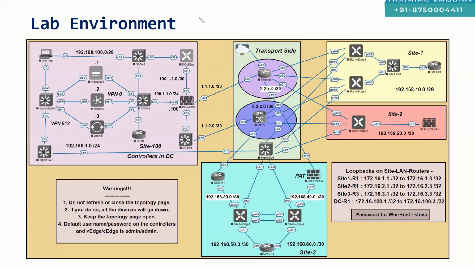Viptela was a totally different vendor, just like Silver Peak. Nowadays, Silver Peak is part of HP, that is a different scenario, but earlier it was just Silver Peak. Similarly, Viptela was an SD-WAN vendor, and in 2017, Cisco acquired Viptela, and that's how Viptela became Cisco SD-WAN.